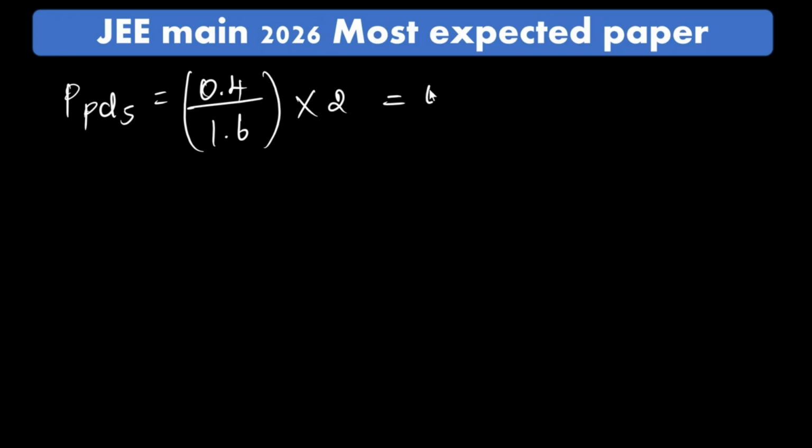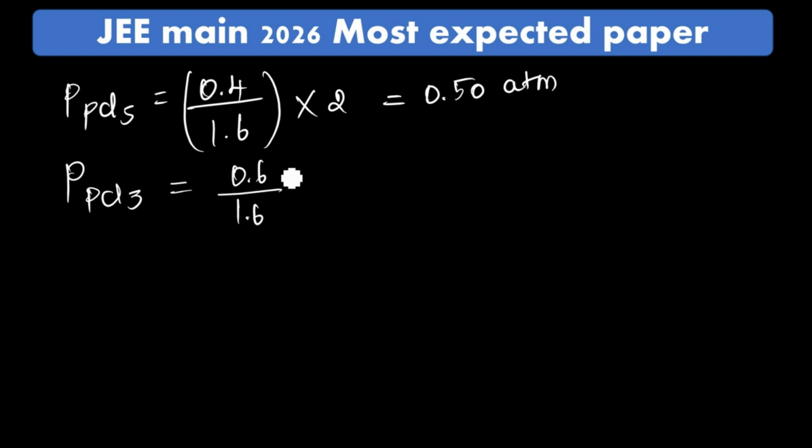So that will give you 0.50 atm. Similarly, for PCl3 or Cl2, which will be equal, that is 0.6 by 1.6 into total pressure, that is 0.75. Now write the Kp expression.